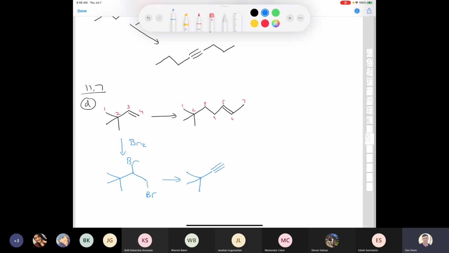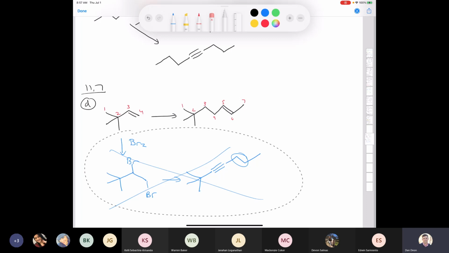Because yeah, you can add 3 carbons to that, but then you'd have 1, 2, 3, and your functional group, your alkyne, is in the wrong spot, right? You'd need it to be over here. So this would not work. This would be an inappropriate strategy, right?